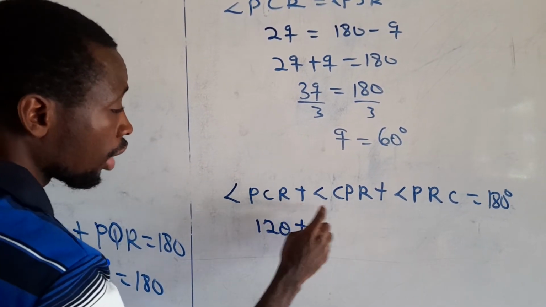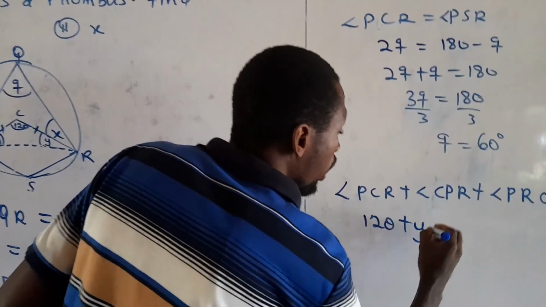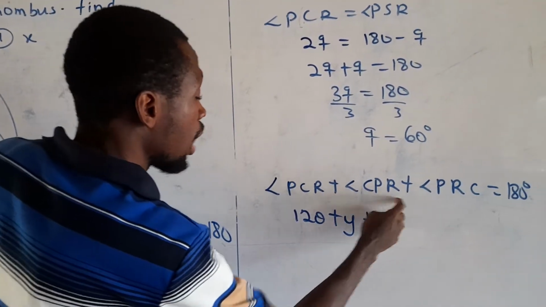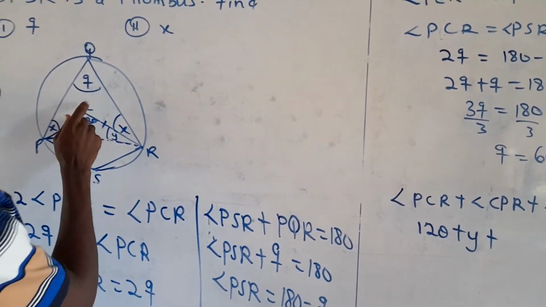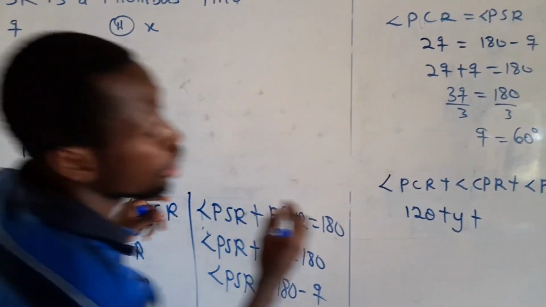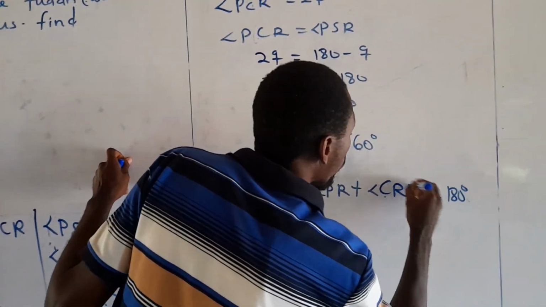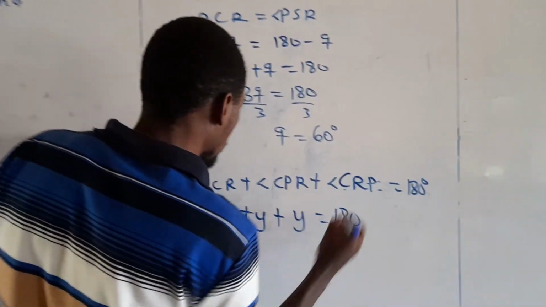CPR is Y. We can say Y plus angle CRP, sorry for that, so it's also Y, will be equal to 180 degrees.